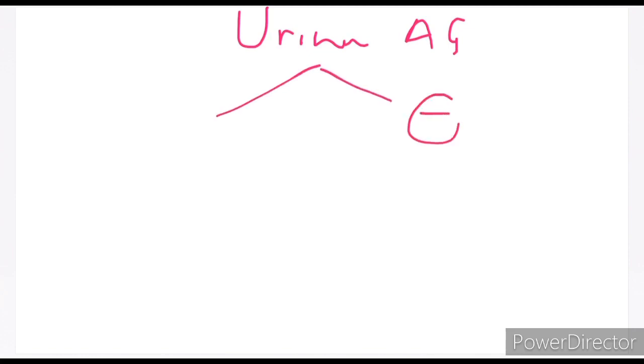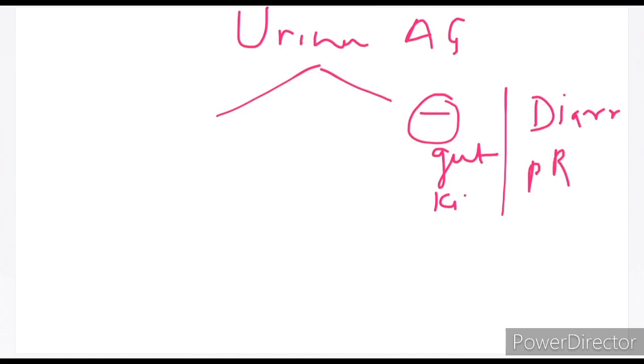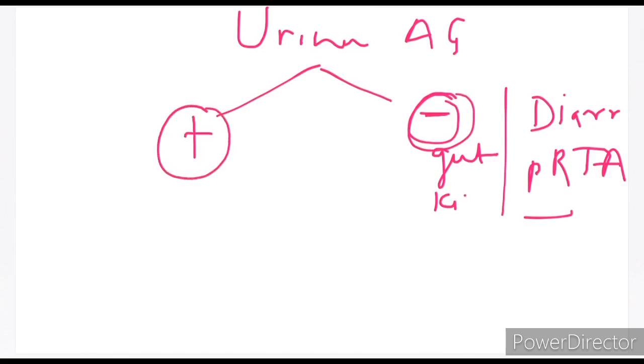And urinary anion gap, if it is negative, then we have bicarbonate loss either through gut or kidney. So we have diarrhea and proximal RTA having negative anion gap. If we have positive anion gap, then this is a case of distal RTA.